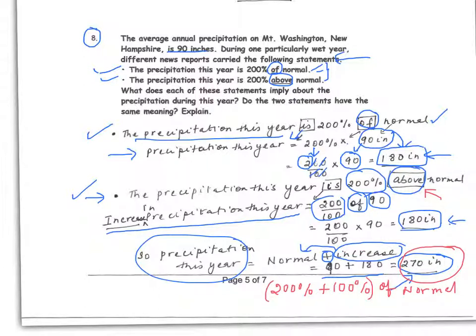So that's basically saying that it is 300% of normal. And that's how we get this number, because it's 3 times the normal. So it's 3 times 90, which is equal to 270.